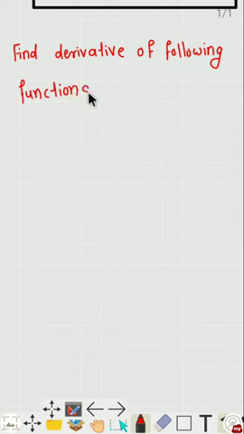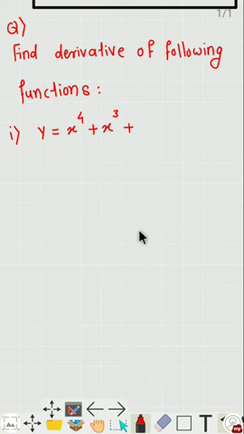That is our question, and our first function is y is equal to x raised to 4 plus x cube minus 2 times x square plus 5x plus 9. So we write the answer to this question.